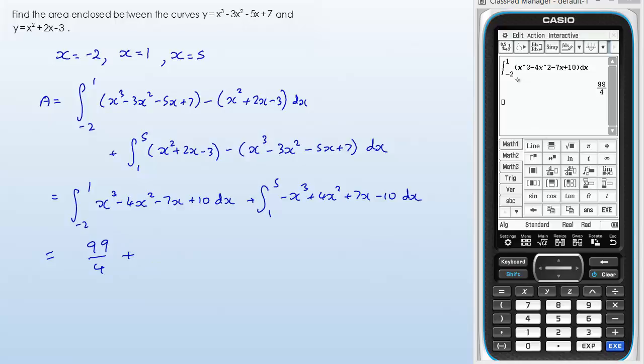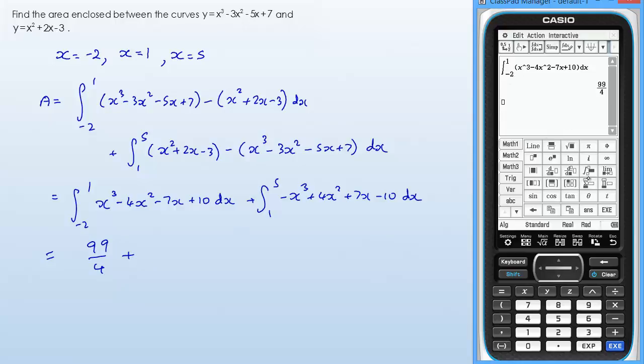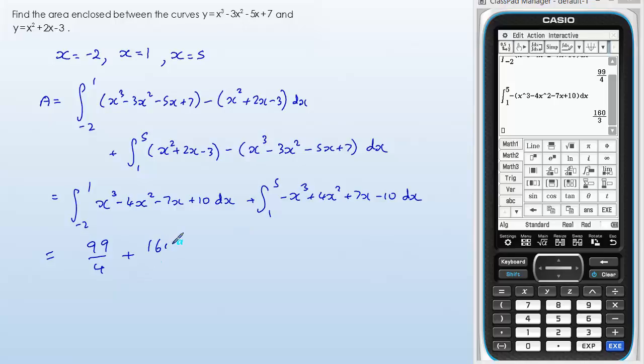And then the shortest way of doing this is to, well, let's just copy that. Let's paste it down here. And then I'm going to change that 1 to 5, and let's just take the negative of that whole bracket and execute that, and that's 160 over 3.